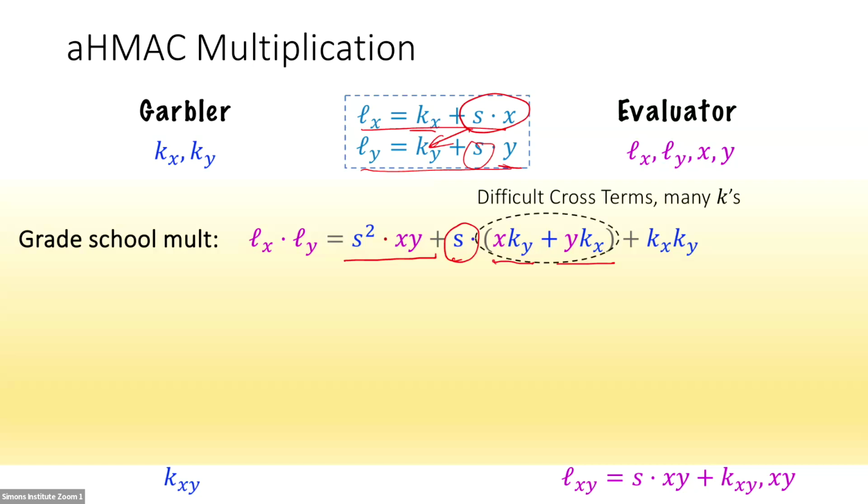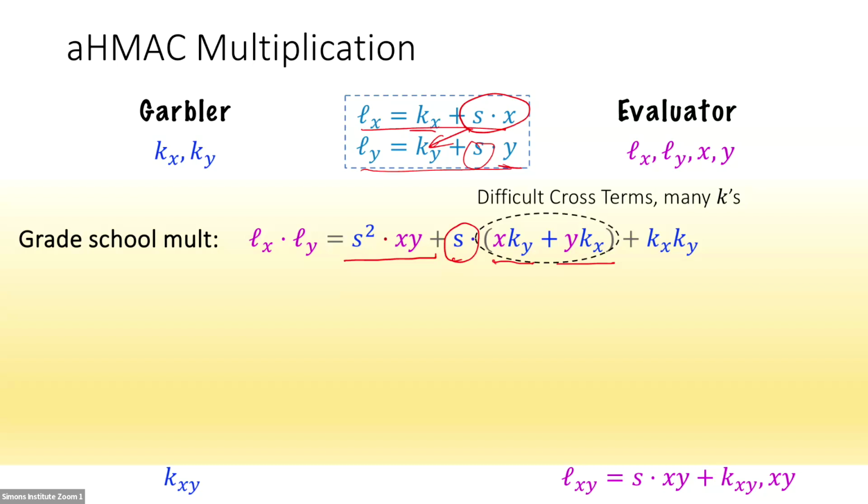This is not so good. Why? Because what we are afraid of are cross terms. There's no communication. Only Alice knows kx and ky, while Bob knows x and y. How are they going to compute those cross terms without communication?